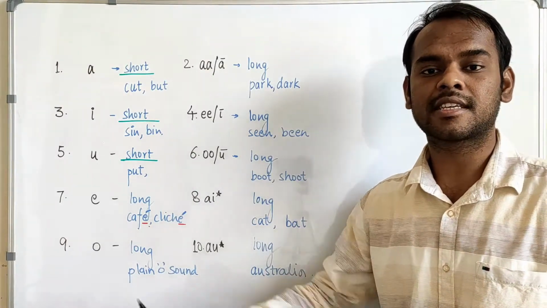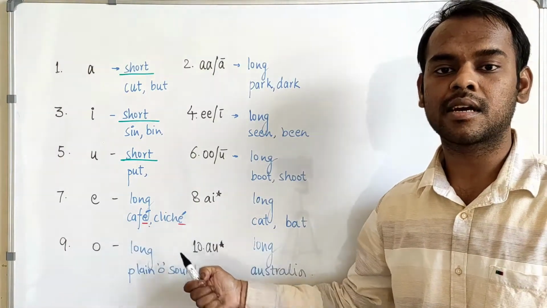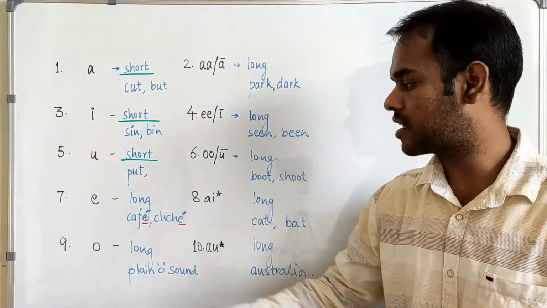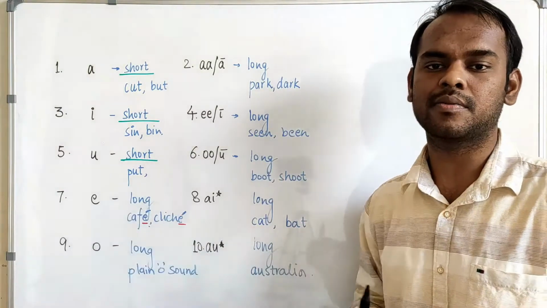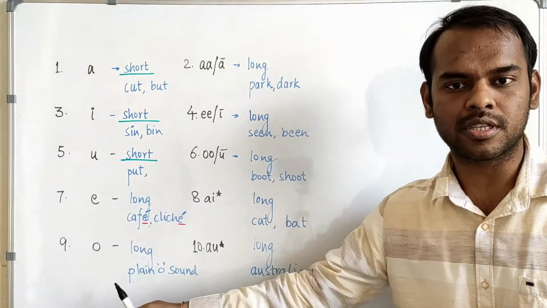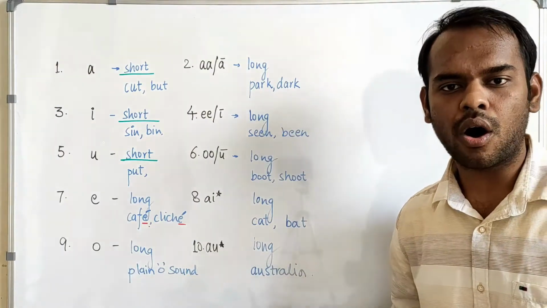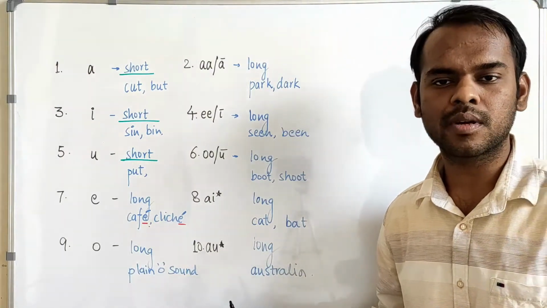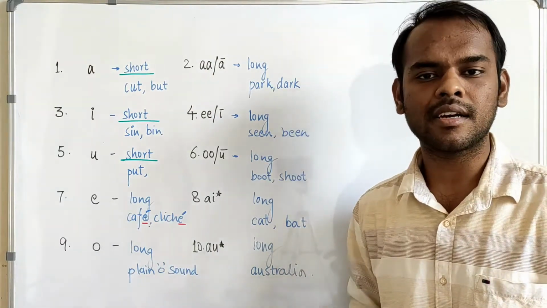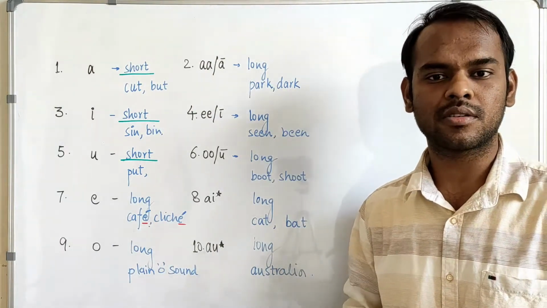The difference is Kate, cat, bait, bat. The only difference is that in Hindi it's a plain A sound. The next one is O, the simple O sound, and then AW. When I write AU, it would mean an AW sound, somewhat like in Australia or Austria.